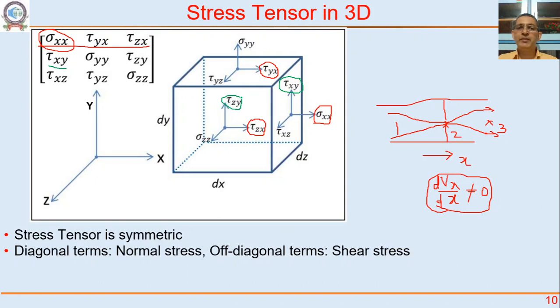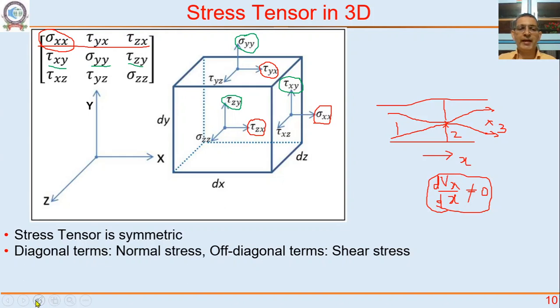It will be experienced on the front face and the back face. And sigma yy, elongation or compression in the y direction, that is sigma yy. It will be experienced on the top face and the bottom face.